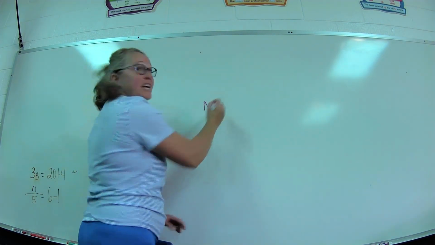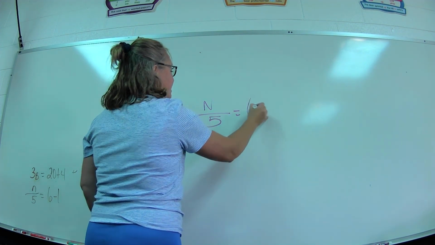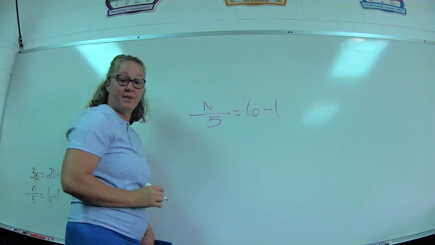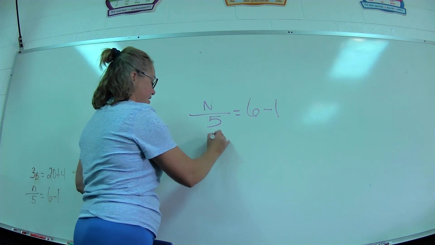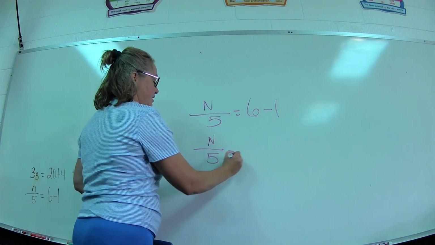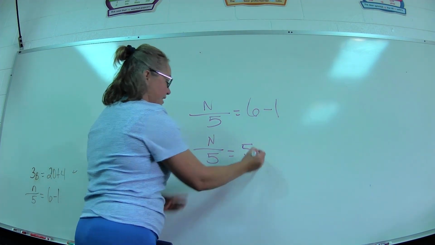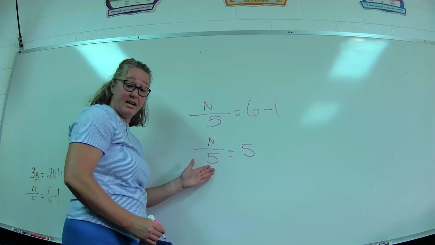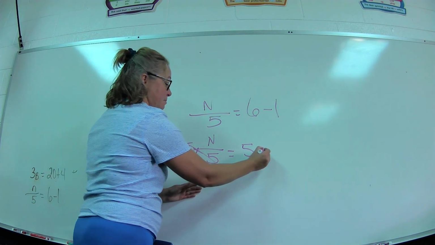All right, n divided by 5 equals 6 minus 1. Do not know my variable. I can solve this side, so I need to rewrite n divided by 5 equals, what's 6 minus 1? 5. Again, this is a division. n divided by 5. So we're going to multiply by 5.